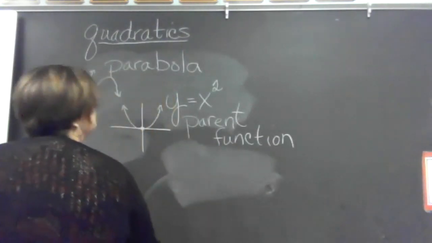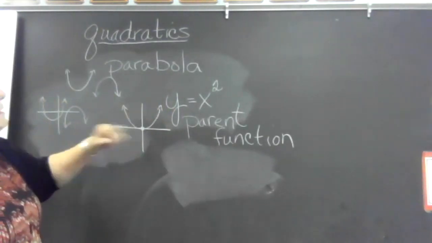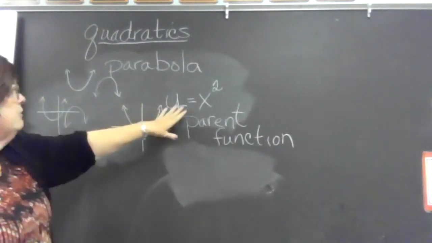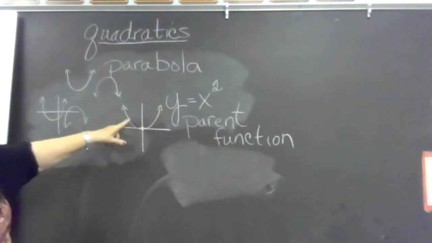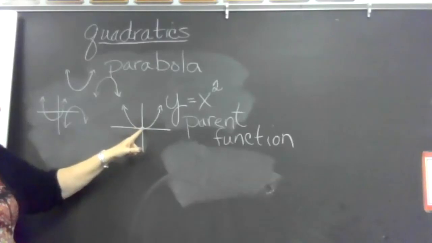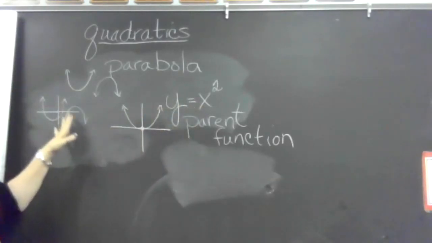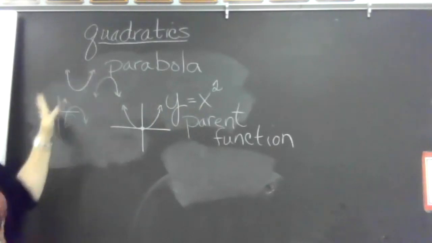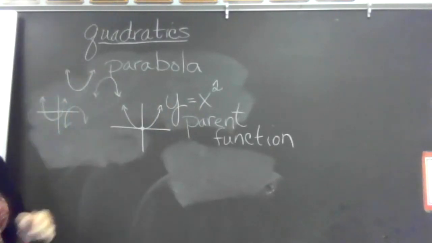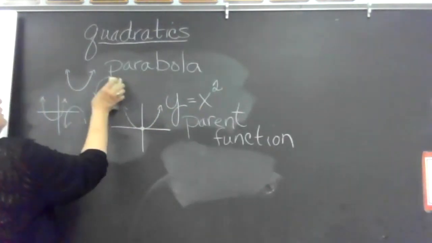Okay, so for today, I'll tell you about it tomorrow. Okay, y equals x squared is the parent function, and that creates this parabola right here. Any changes you make to this will cause it to move around, and we'll address that later this week.